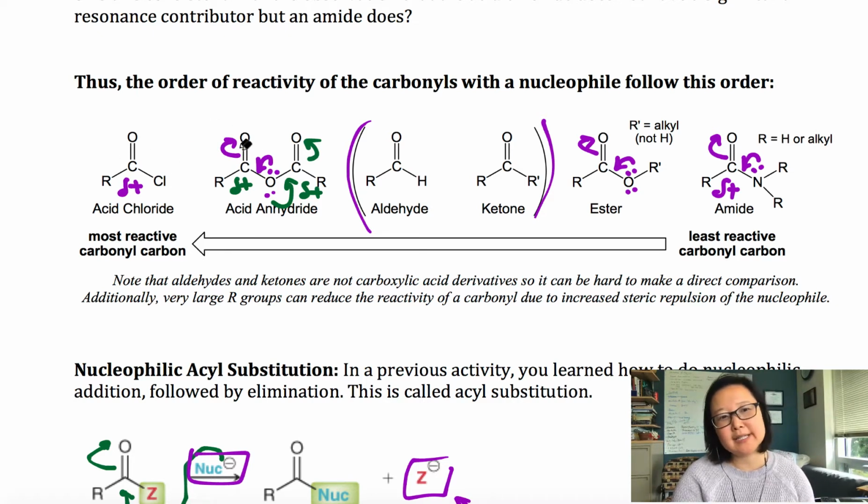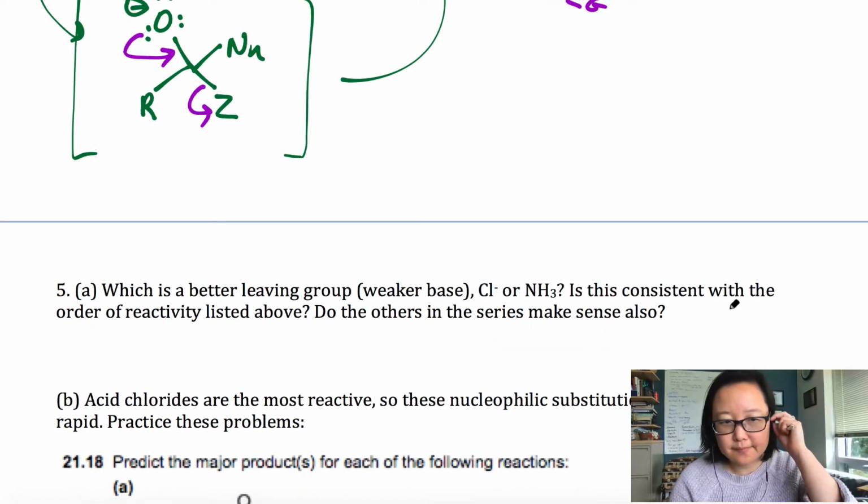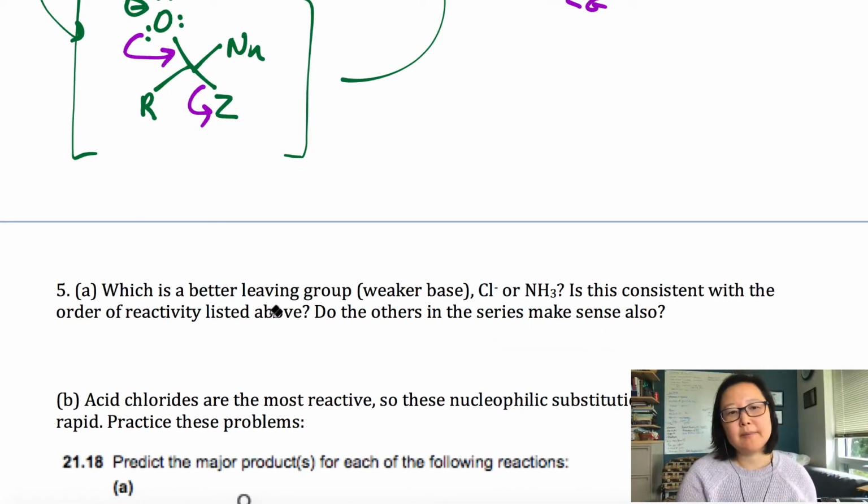So acid chlorides can go to anhydrides, to esters, to amides, rather than amides turning into esters. That's like fighting upstream, or going up the stairs if you go the direction of this arrow. It's much easier going the other way due to reactivity. It's a reactivity series.